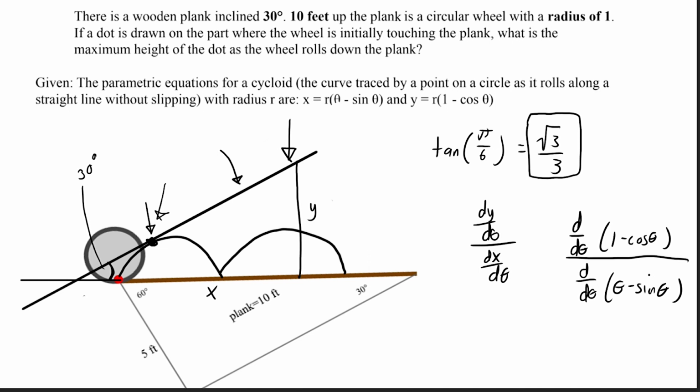And so differentiating, you should get that dy/dx for the cycloid is sine theta over 1 minus cosine theta.